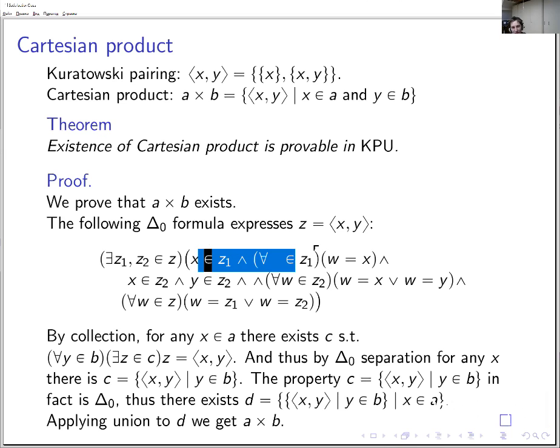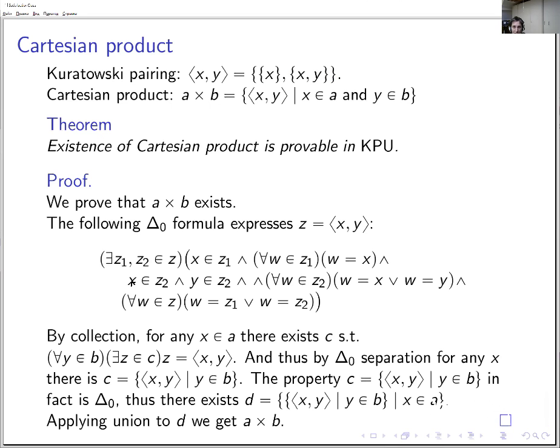So we write down that Z1 is a singleton x, done in this delta zero fashion. Of course x should be an element of Z1, and all elements of Z1 should be x. Then we have this definition for Z2, that it is the set consisting of x and y.